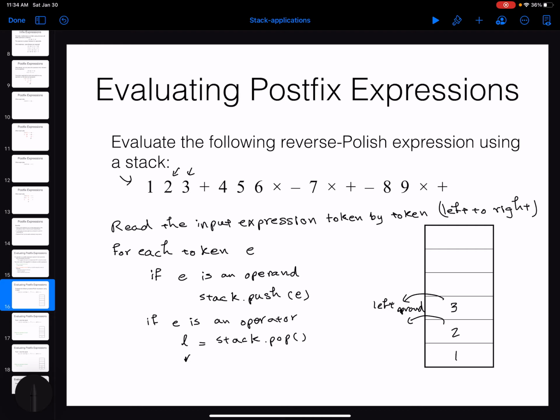And the second pop, stack dot pop, and then you apply the operator over them.